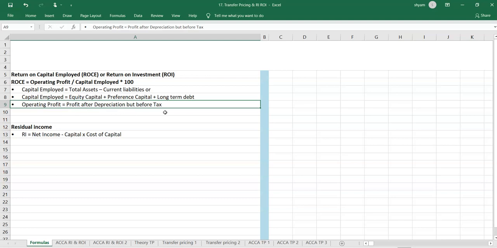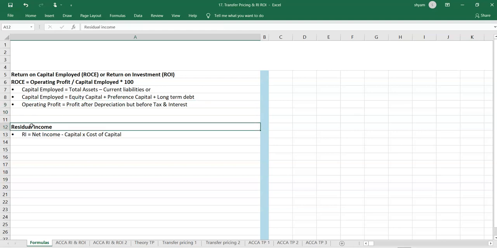That is the number we want here. Depreciation is an operating expense, so you have to consider profit after depreciation but before tax and interest. So that's about operating profit.